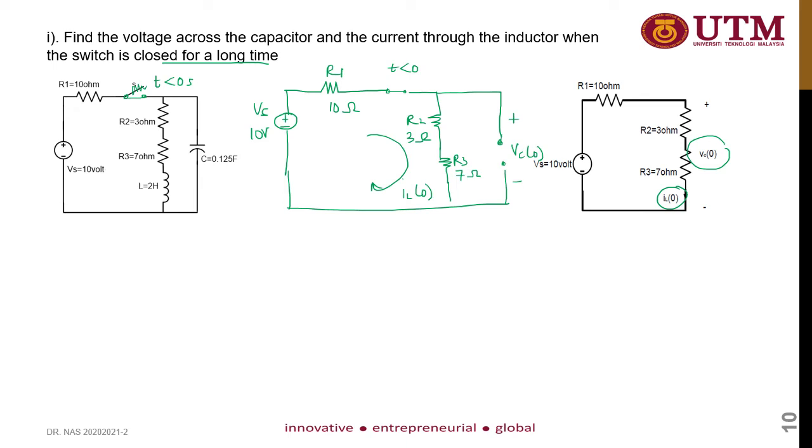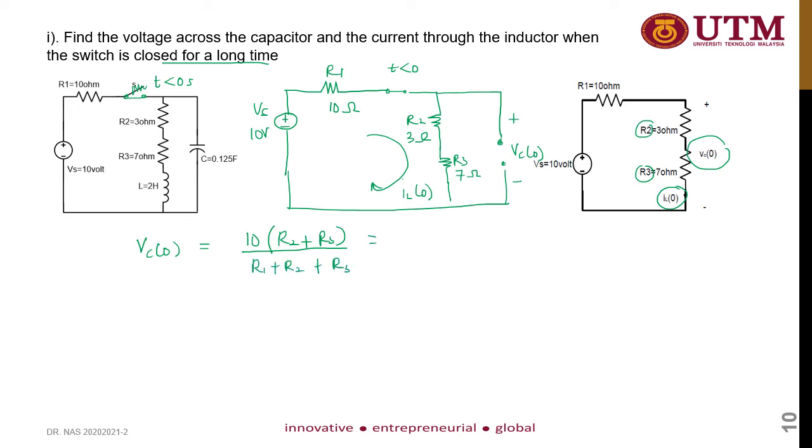So from the loop, VC0 equal to, you can perform voltage divider. So from the source, it's 10 multiplied with R2 plus R3 divided by the total impedance, R1 plus R2 plus R3.